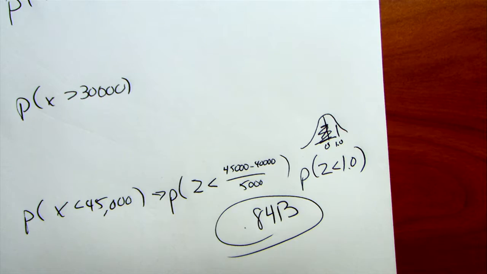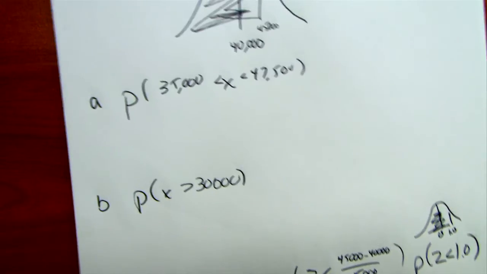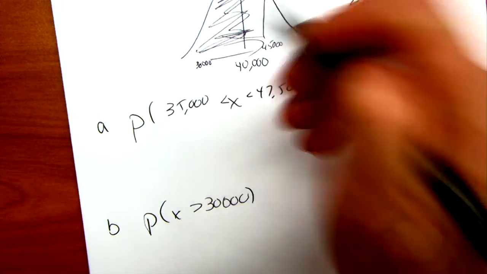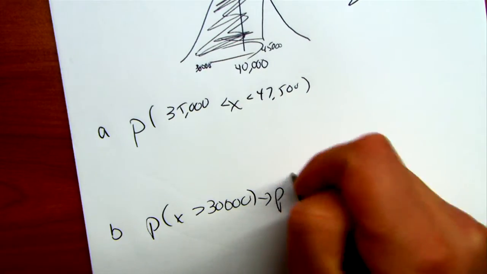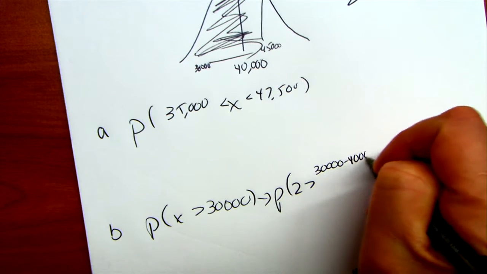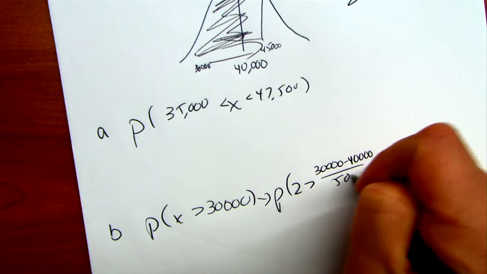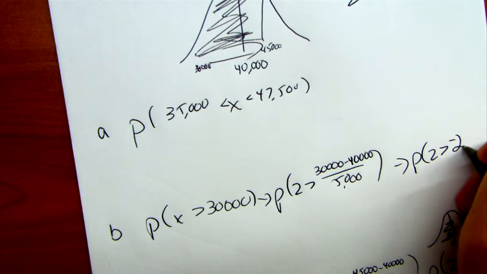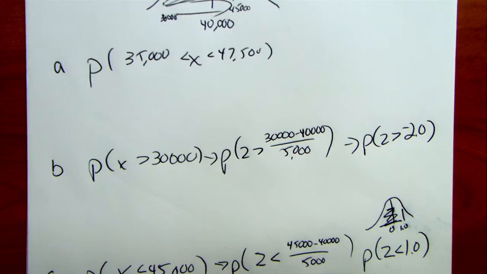Let's do part B then. It says, how about greater than 30,000? Well, 30,000 is here. What part of the curve is greater than 30,000? Well, let's convert that to a z-value. 30,000 minus 40,000 divided by 5,000 gives me the probability that z is greater than negative 2.0. Okay, if I look up negative 2.0, I get 0.0228.